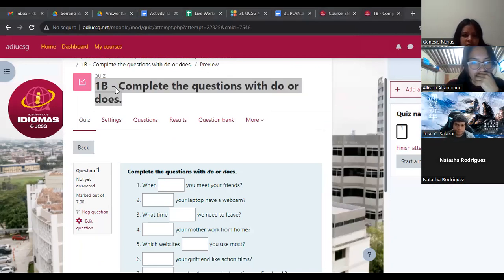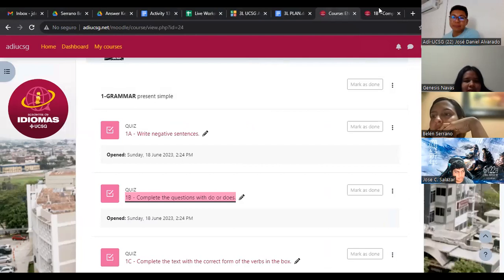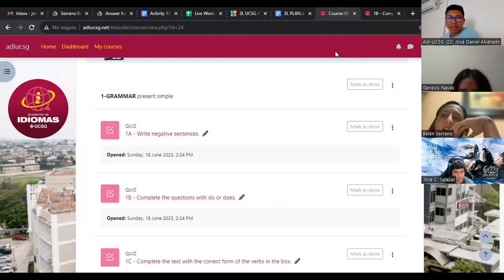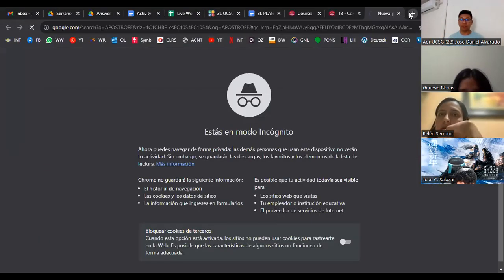Teacher, Yes. En el ejercicio que hicimos ahorita, me salió todo en X, no sé. Debe ser el apóstrofe, Belén. Oh, Yeah, porque a veces ciertos teclados tienen otro tipo de apóstrofe. Entonces lo que puedes hacer es buscar en Google apóstrofe y hacer copias.